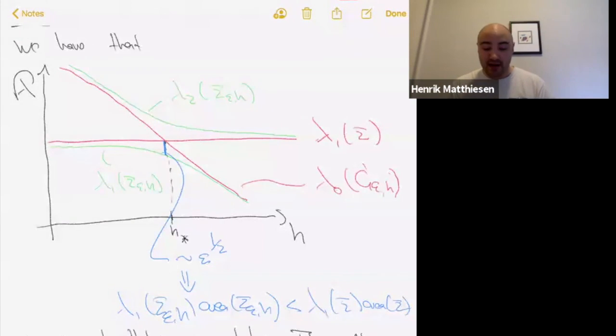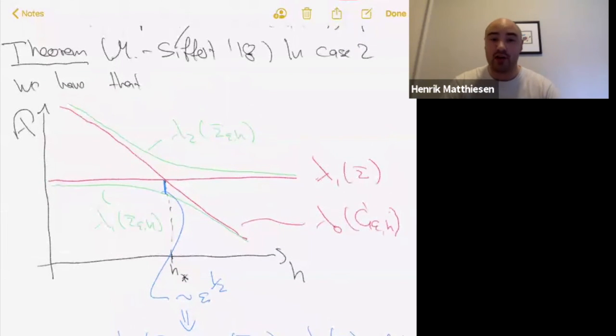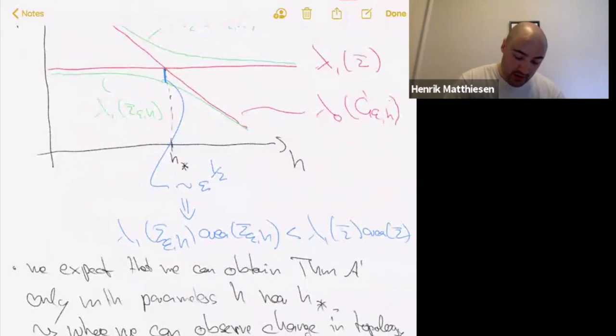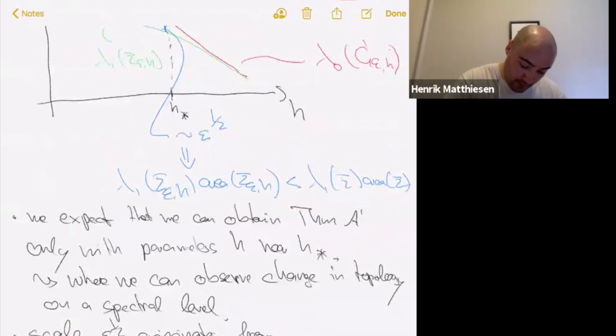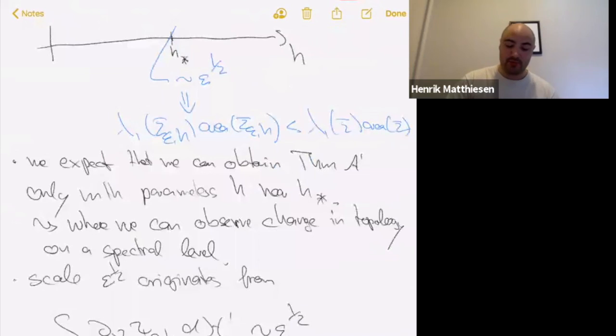And then the second thing, which is kind of the more important thing, is where does this scale come from? So the scale epsilon to the 1/2 originates from the following term. If I take this quantity, that's comparable to epsilon to 1/2. So what's psi epsilon H?